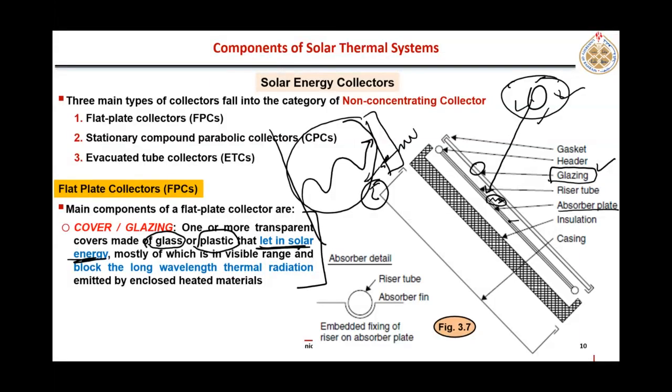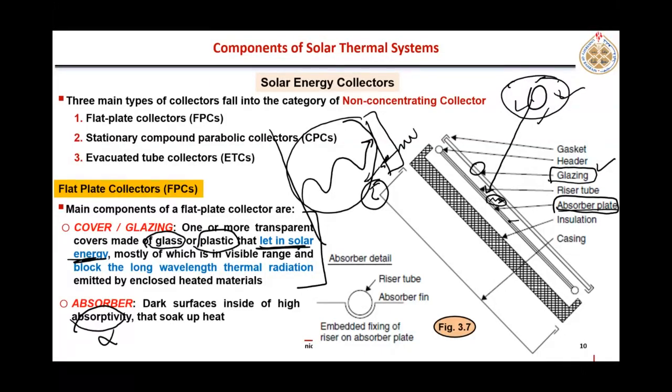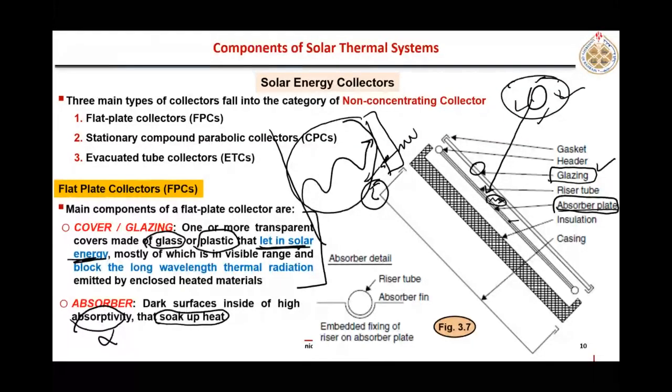Then after the glass cover, we see the absorber plate. Now, what is this absorber plate? Those are normally metal sheets which are painted with some coating, and this should have high absorptance, which we also saw in the previous chapter. That will trap or soak up the heat.